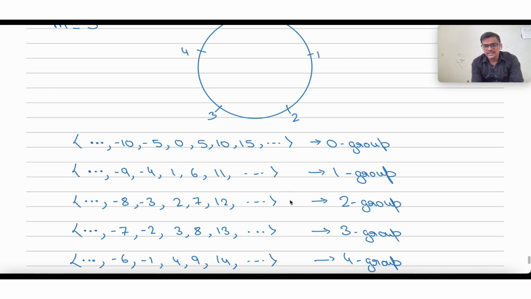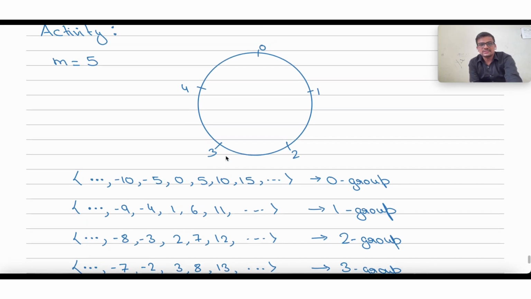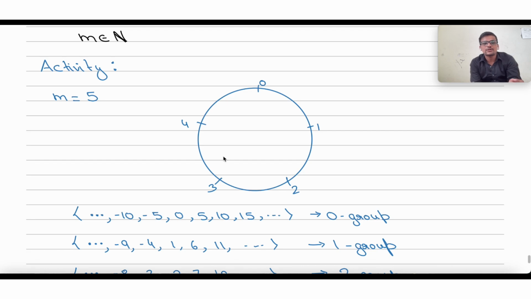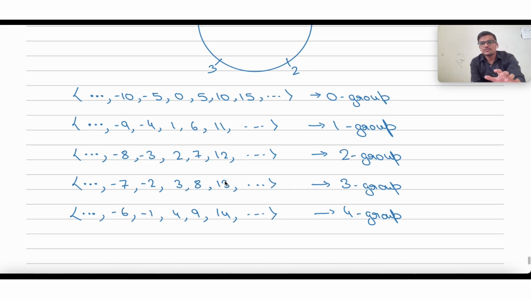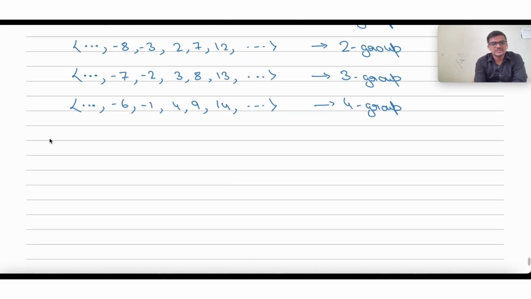Here, if you take two elements from the same group, they are congruent to each other with respect to the M value, here the value 5. Got it or not? So this is the activity to get a feel of the topic. Now we will move on to some small questions.